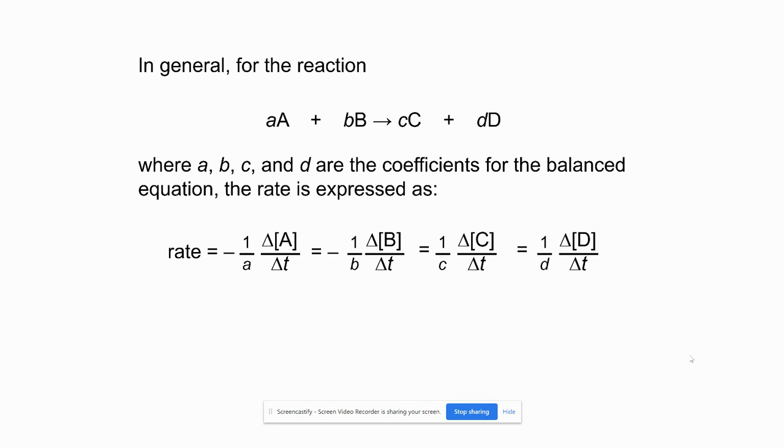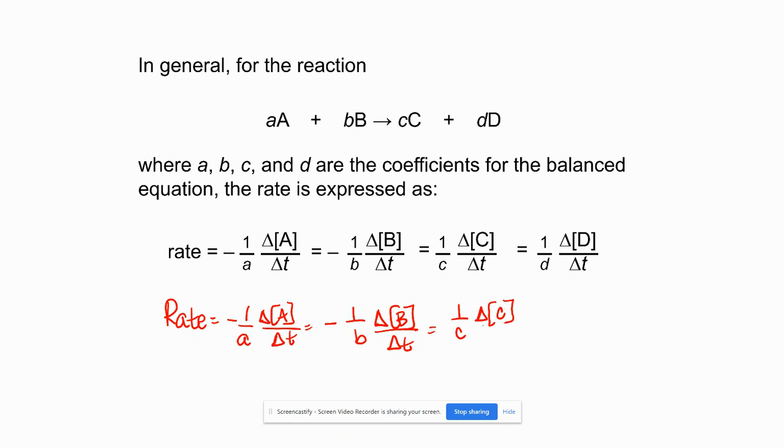So in this case, rate would equal negative 1 over A, change in A over delta T. For B, I'll pull it down. For the C, we pull down that coefficient, but I don't use the negative because it's a product.